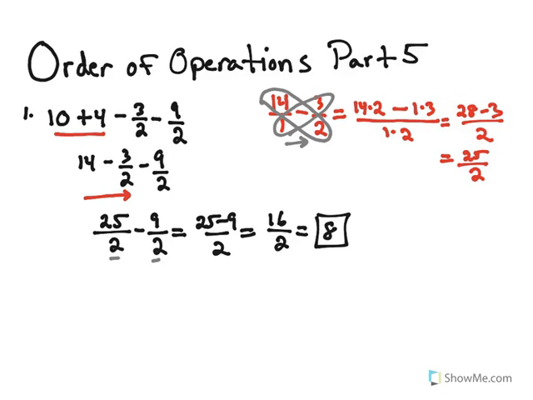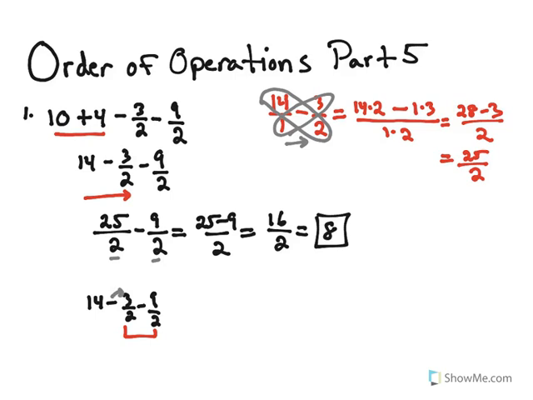Now, if you do the two fractions first, this is where you have to be really careful. If you decide to do these first, what people often forget is that the negative really belongs to the 3 over 2, the 3 in the numerator of this particular fraction.